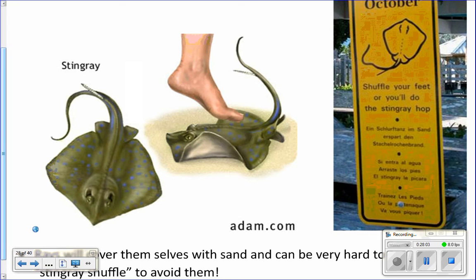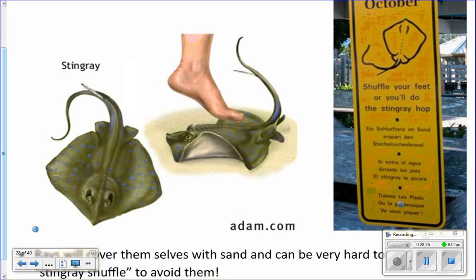That tail whips up with that spine, and it stings your ankle. It's attached right there. It typically has some skin over it, and when it pops up, the skin will not be on it. So that's why you get stung.